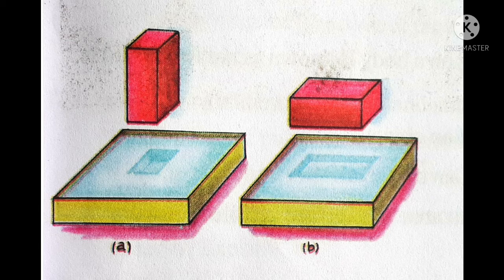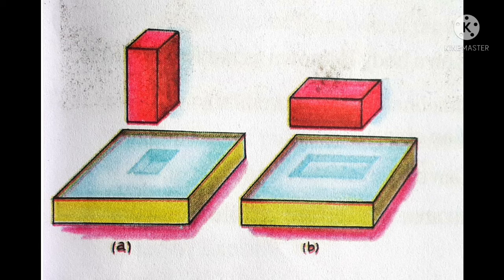Keep one brick vertically in one tray and the other brick horizontally in the second tray. What do you notice? Do both bricks sink to the same depth in the lime powder?